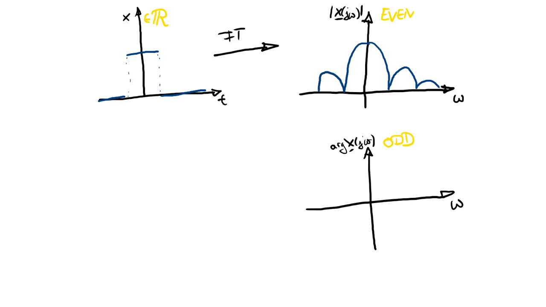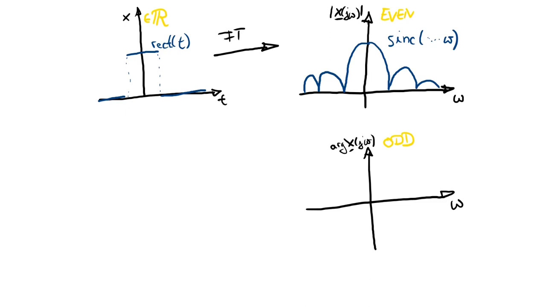The spectrum of a rectangle function is a sinc function. There are some other parameters here, but it depends on the frequency variable omega.